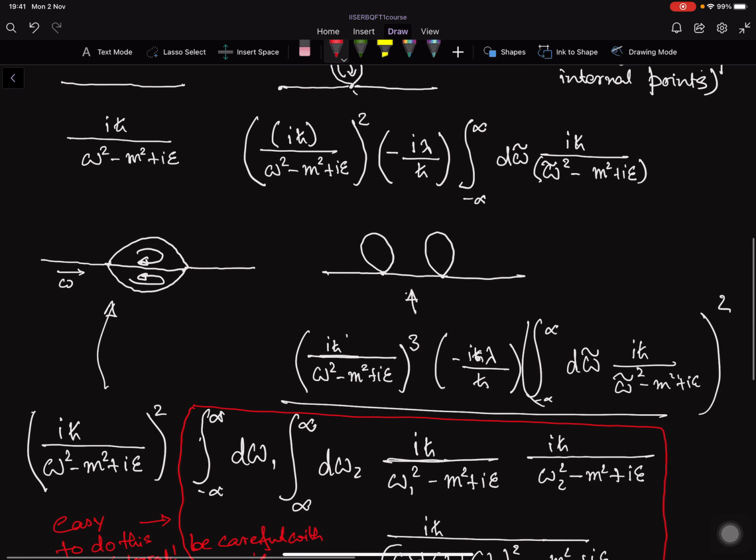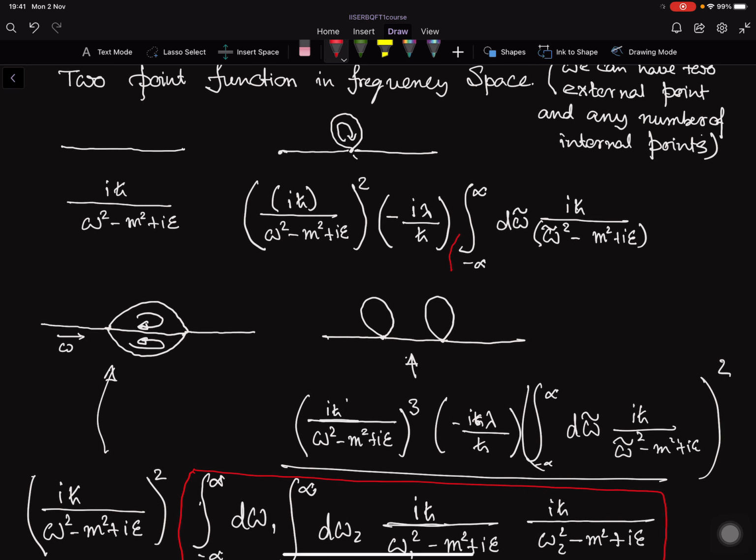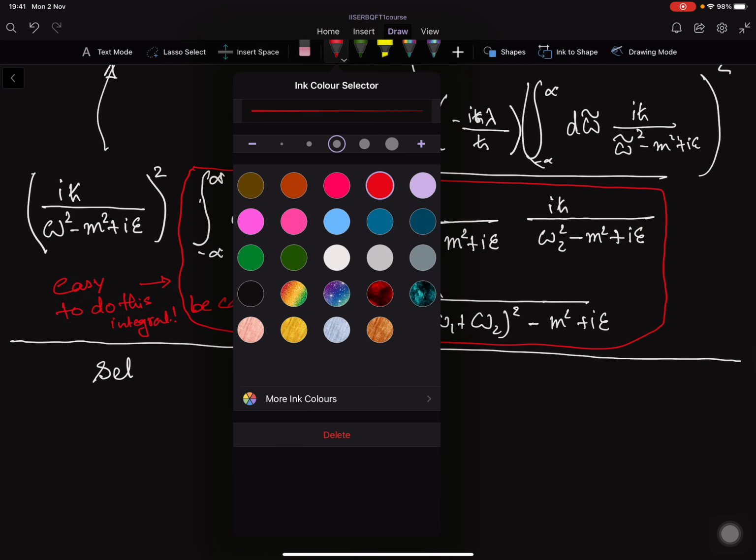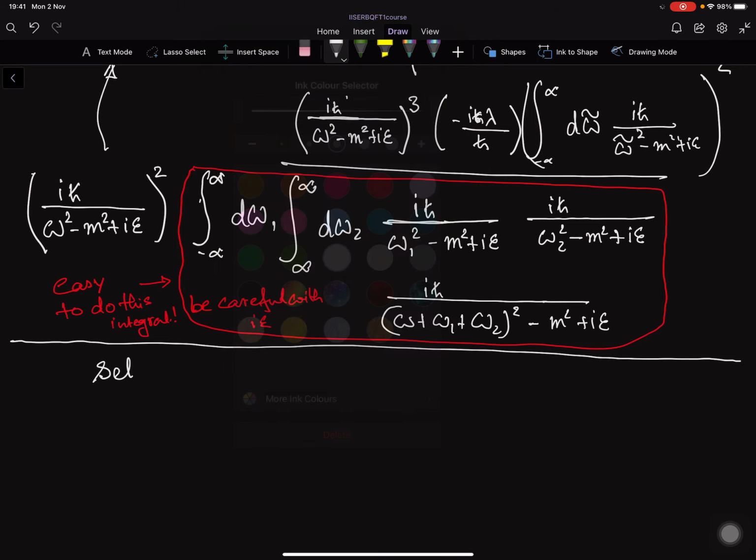Also this integral can also be done. But important thing is that let's first introduce something called self energy diagram.